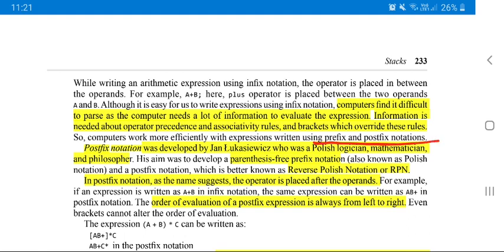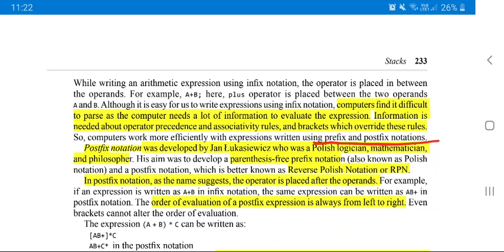So when they get an infix expression, the computer converts it to prefix or postfix, then evaluates that. Only then can they work on it very fast and rapidly. So how do we convert from infix to prefix and postfix? That is done with the help of the stack data structure.